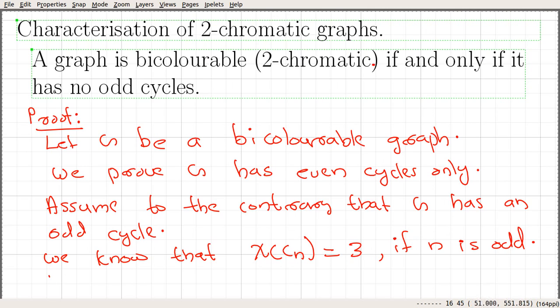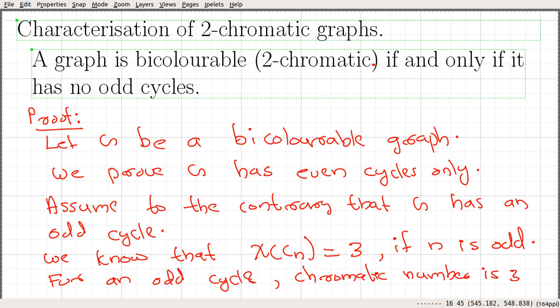And that says for an odd cycle the chromatic number is 3. And that says G is not 2 colorable, at least 3 colors are needed for coloring this graph.